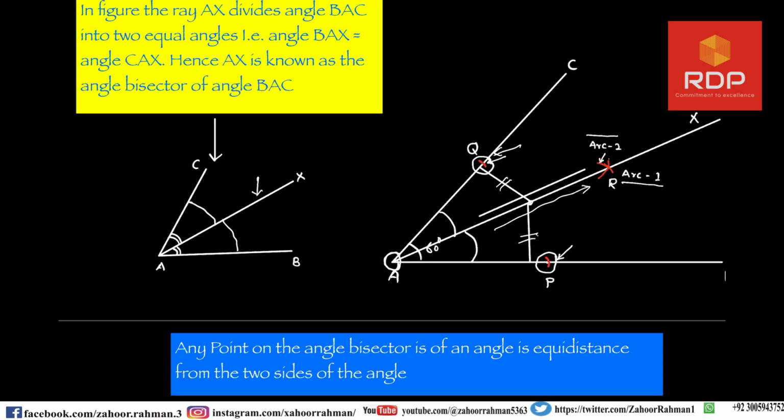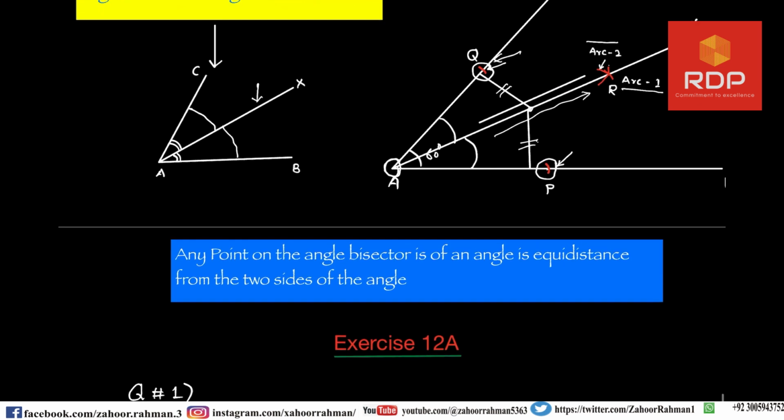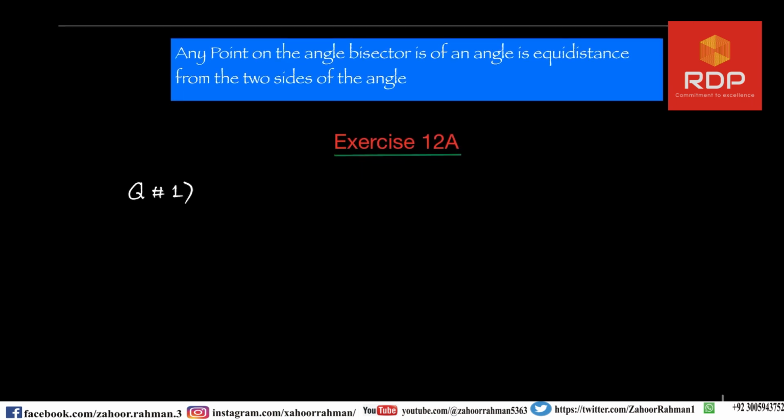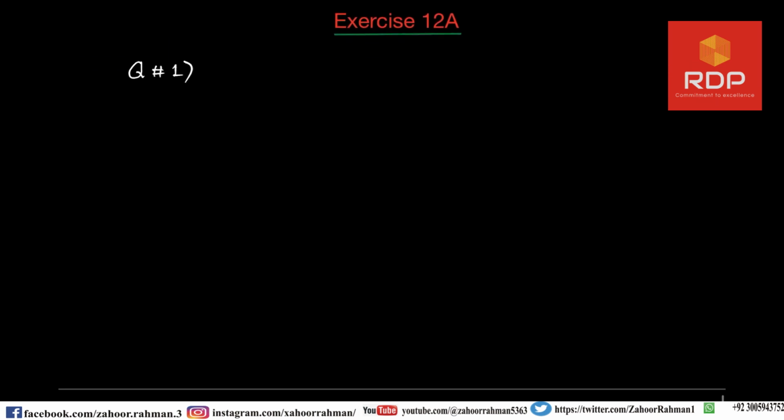Now how we will construct the triangle is also using these concepts of line drawing. We will do that practically. Let us turn our focus to exercise 12A, and we have to start question number 1.